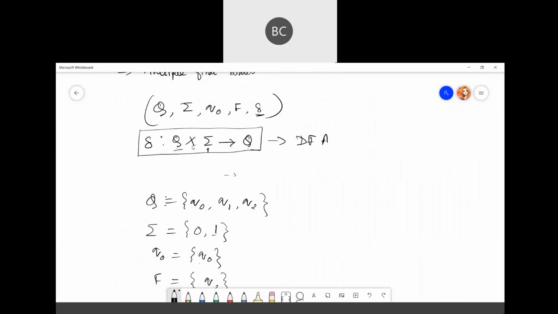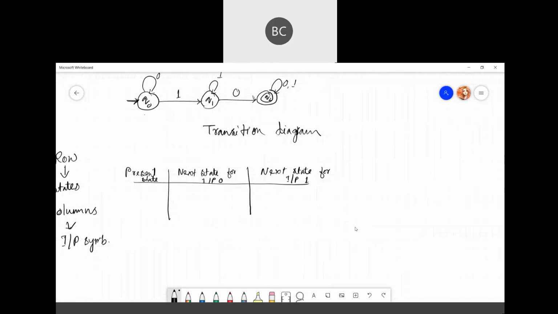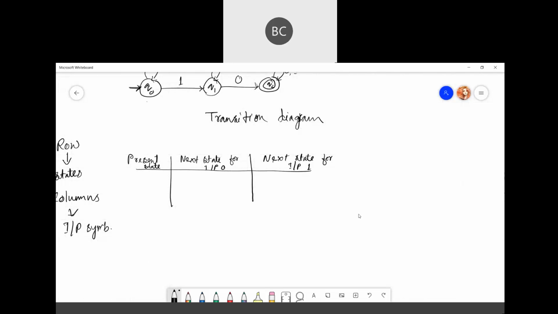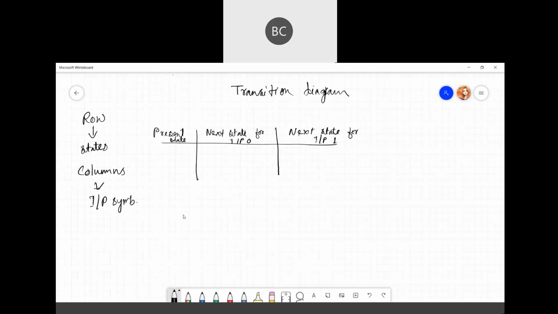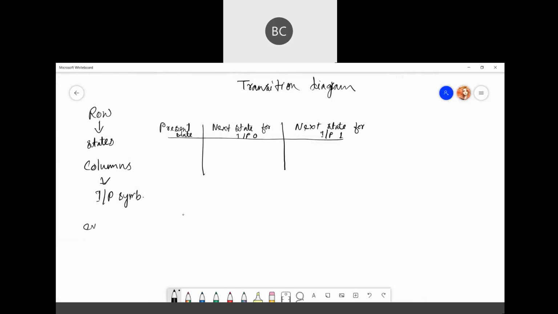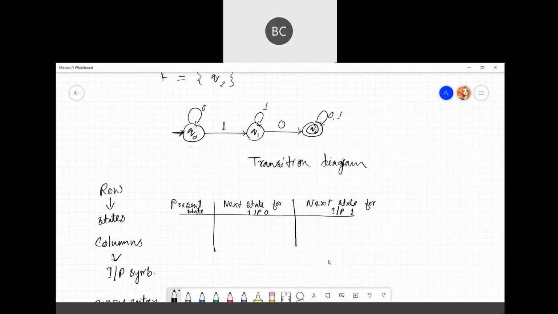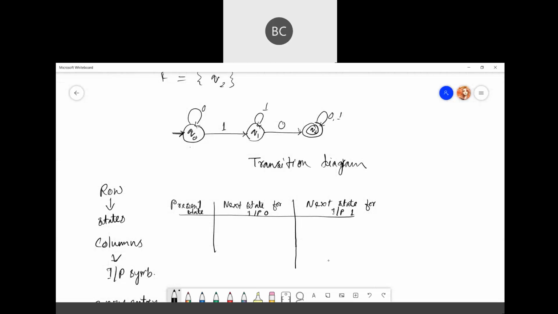So transition table is nothing but the representation of this transition function. Every entry will represent the next state. Okay, rest will be same. Now you have to know how you can generate the transition table from the diagram.